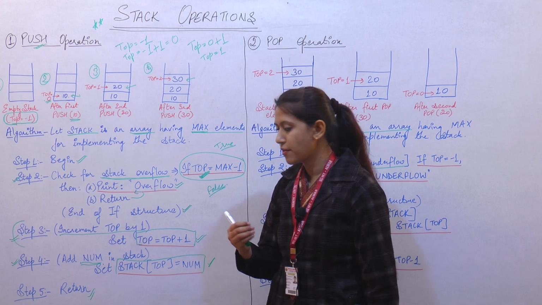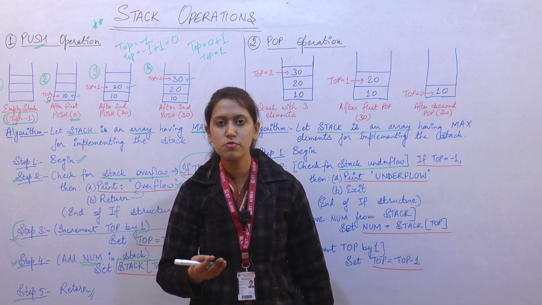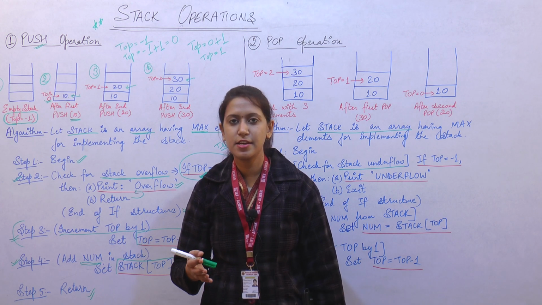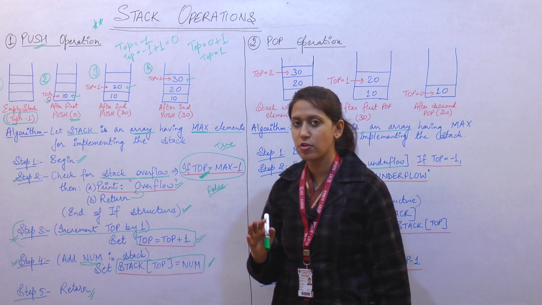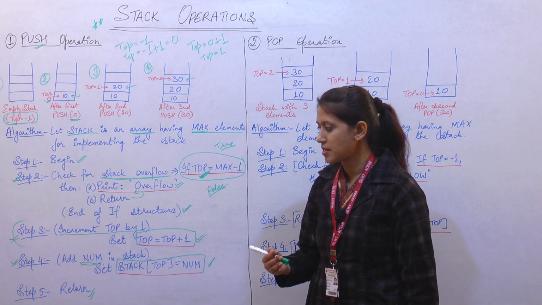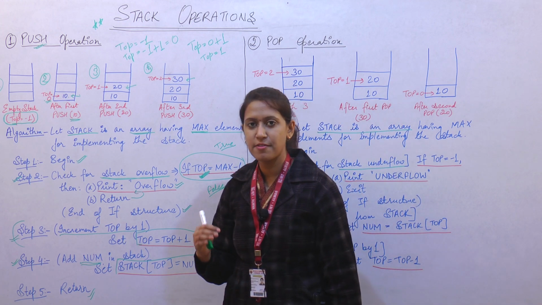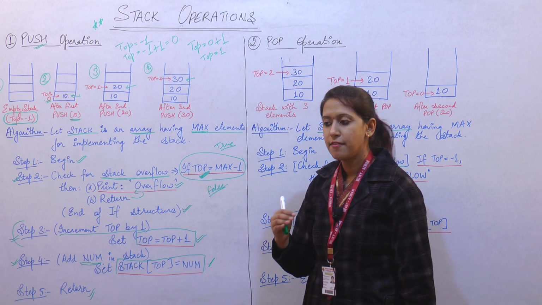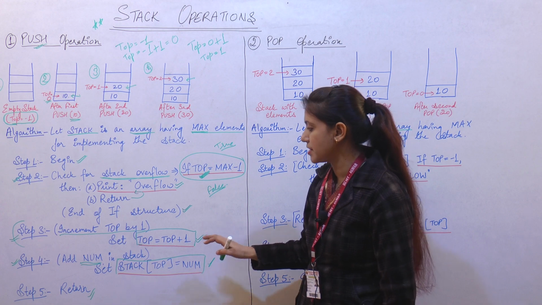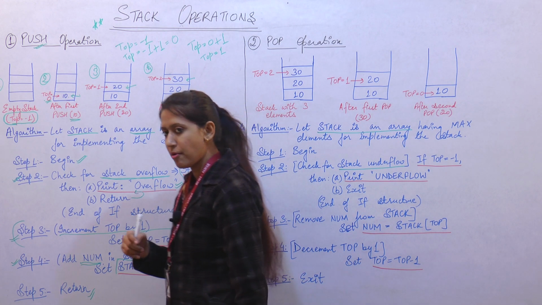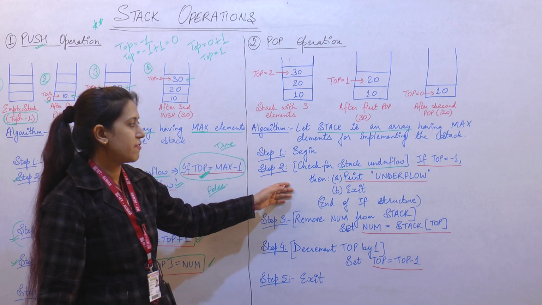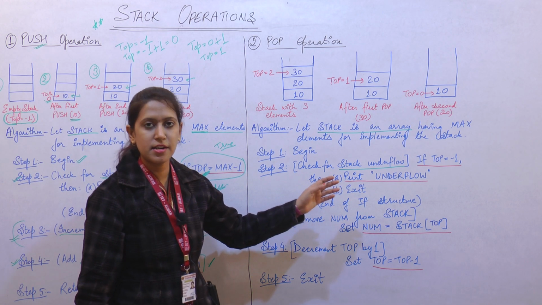If stack overflow condition was true, we cannot further add any new element into the stack, and if stack overflow condition gets false, we can easily insert new elements one by one into our stack, and whenever we insert a new element, the value of top will always increment by 1. But in pop operation we were first checking whether our stack is underflow or not.